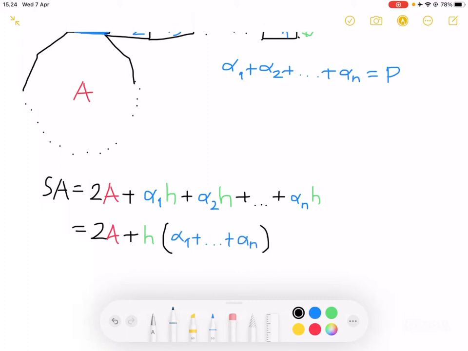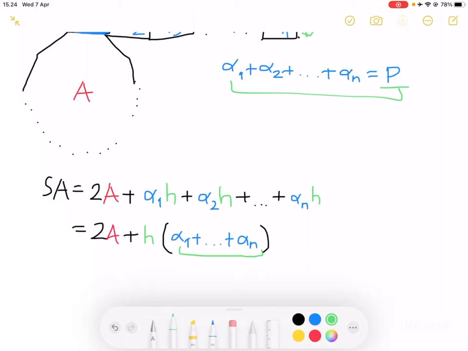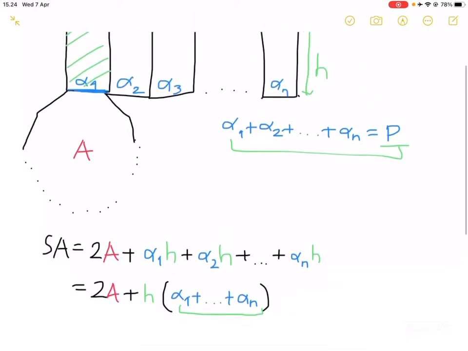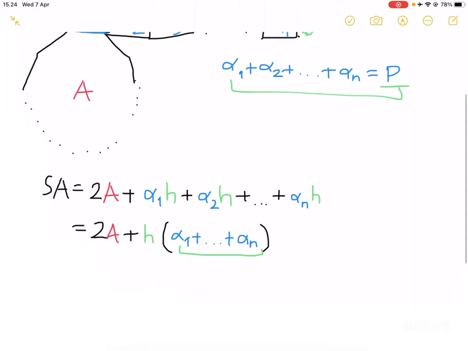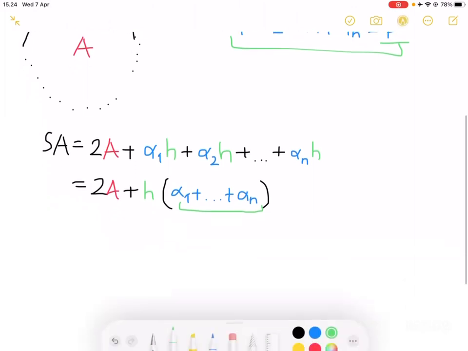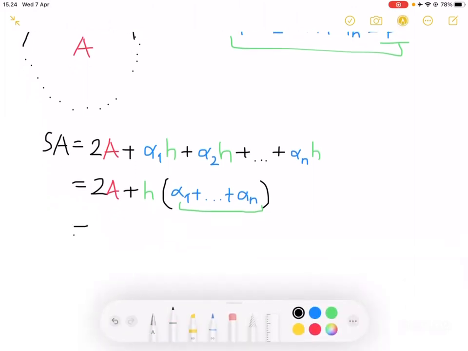And notice that alpha 1 plus alpha 2 plus all the way up to alpha n is exactly equal to p, which is supposed to be the perimeter of the base of the prism, which is the polygon itself. So therefore, we have our surface area being 2a plus ph. And that completes the visual proof.